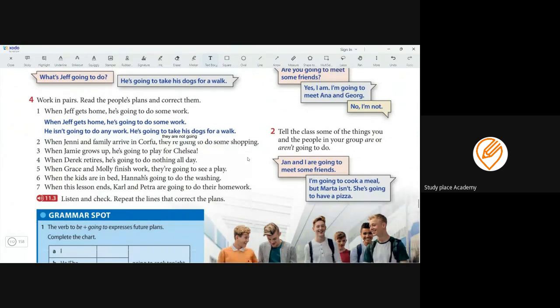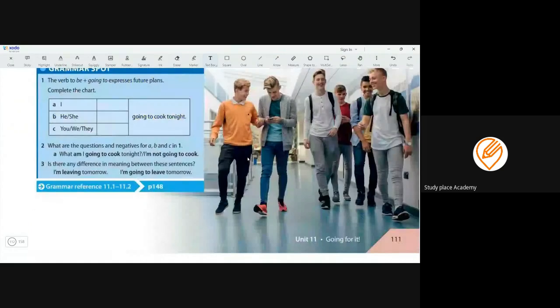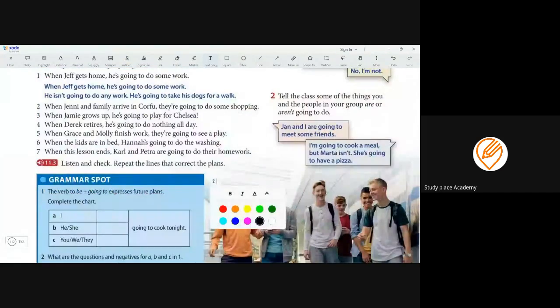Okay, I'm going to write here because there is space. They are not going to do some shopping because why?